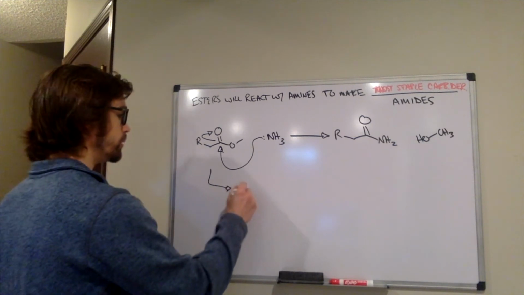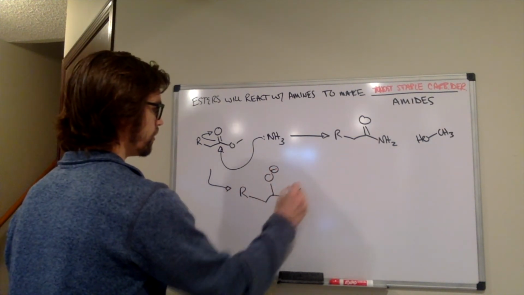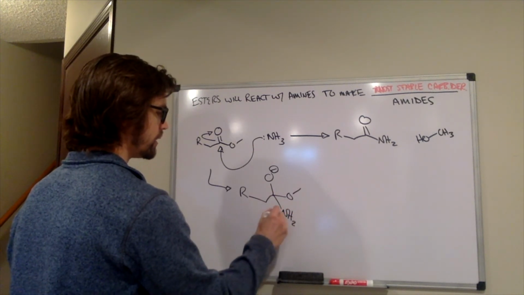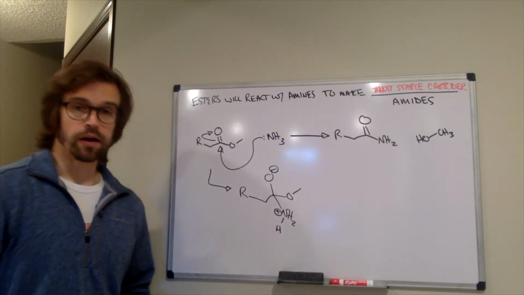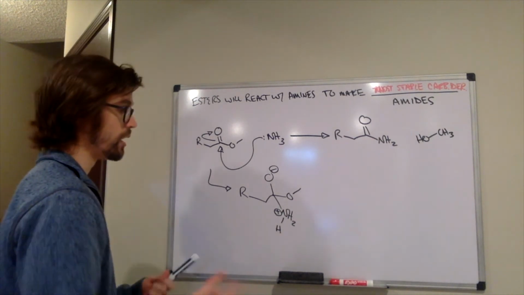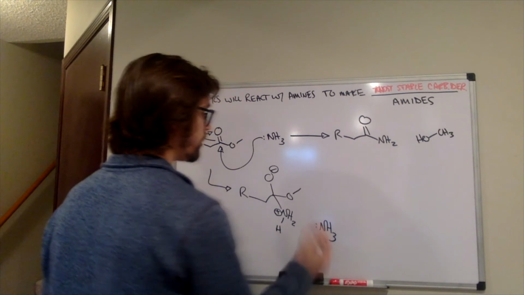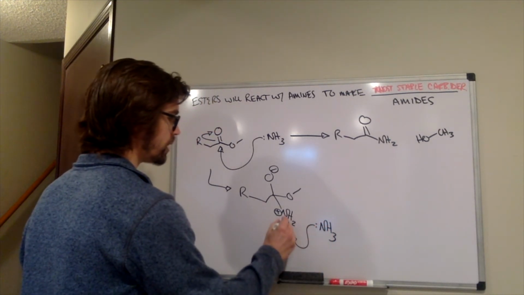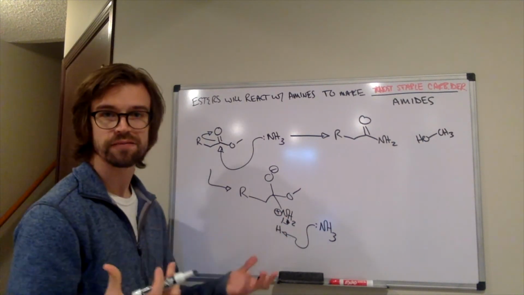That would produce that same type of tetrahedral intermediate we've seen throughout this chapter, and essentially at this point there's more of our amine around, and that can actually grab a proton from this NH2 because it's actually a pretty good leaving group as NH3.